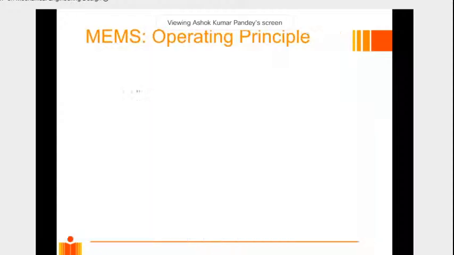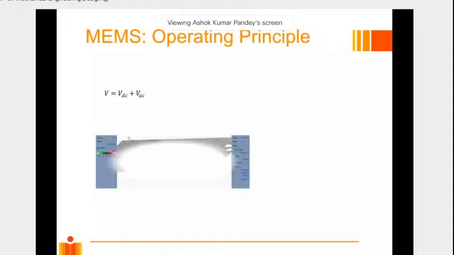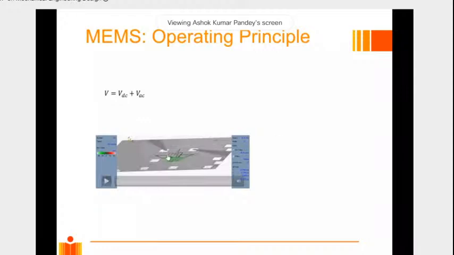Now let us say you are ready with your device, okay, you have fabricated it. Now you want to do testing. Fine. So how to do testing? Let us say this is how your device looks like. Here you have a plate, okay, and it is supported by four beams.